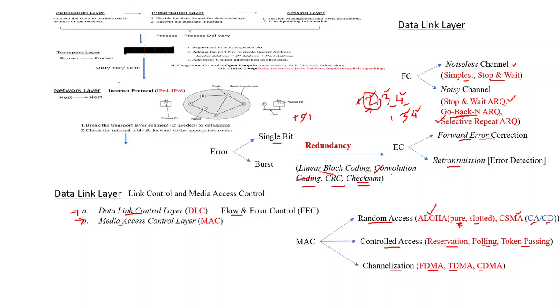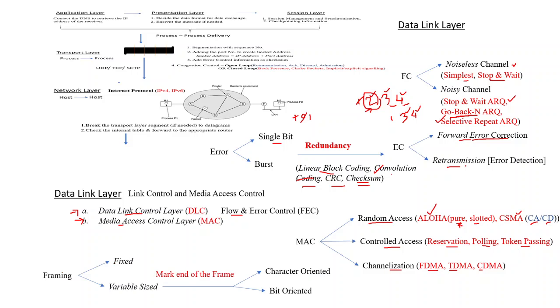The receiver knows exactly where the error has occurred, so it just corrects those errors and doesn't ask for a retransmission. So these are forward error correction mechanisms. And in case of retransmission, like I said before, it detects that there is a problem, but it doesn't know where the problem actually lies. So in that case, it will ask for a retransmission.